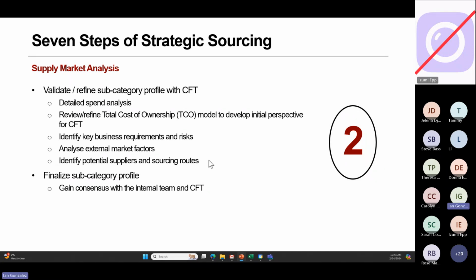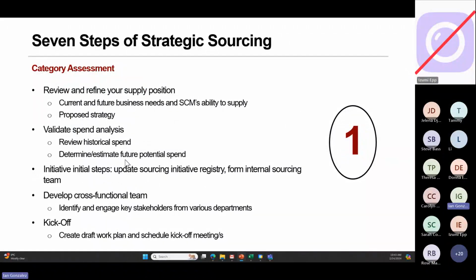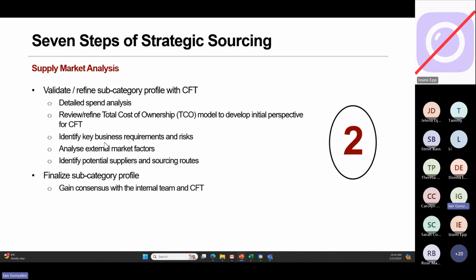Okay, your supply market analysis is also where you identify with your CFT now the key business requirements and risks. The largest step here would be to analyze external market factors. Okay, identify potential suppliers and sourcing routes, and then at the end you put that on paper, you finalize it. Now that step 1 was all the internal data, you combine that with the external data.